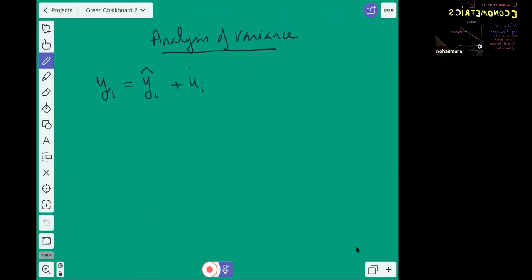We have a certain error term, okay? Of course, we try our best to make these equal, or in other words, we try to minimize the amount of errors as much as possible in our model.